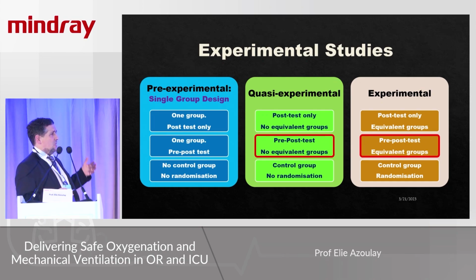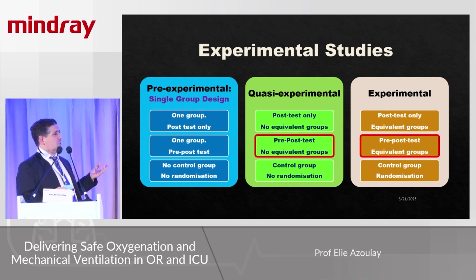experimental design. In the pre-experimental, you have only one group. So it's only post-test or pre-post test. The same group is going to have two different interventions, and we are going to compare outcomes in a kind of crossover study.